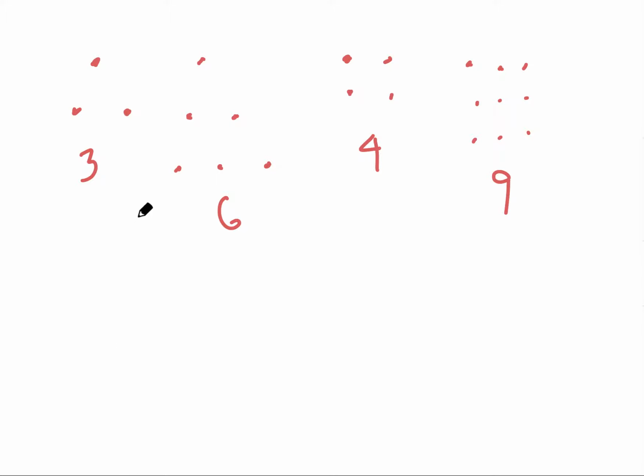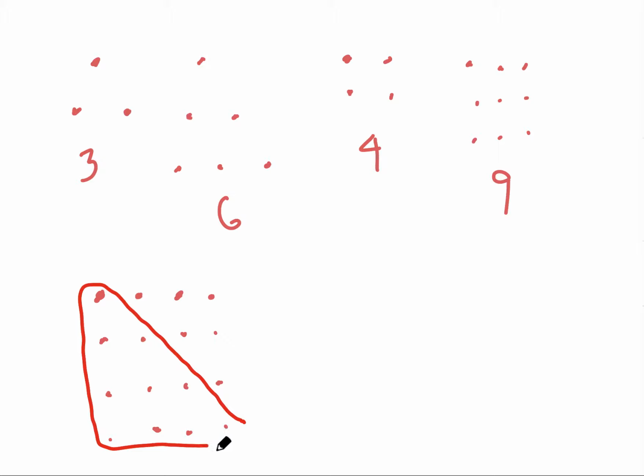Now, if we look at a square number like this, this is square number 16. What I can do is collect up this part right here, which is obviously a triangle number. That's 10.